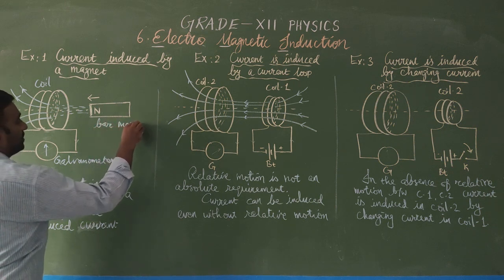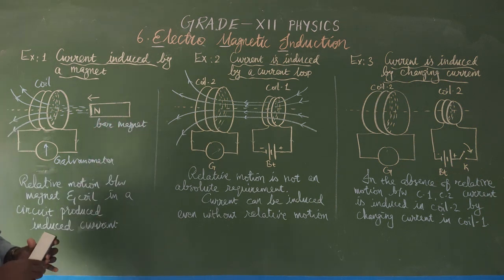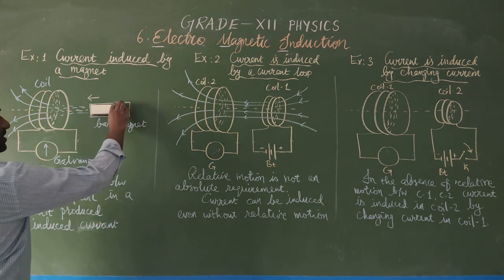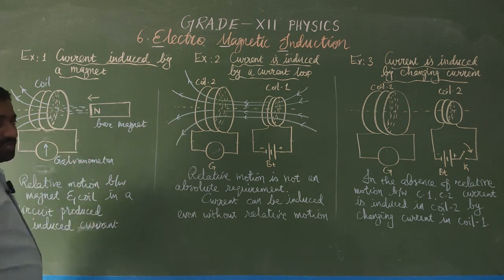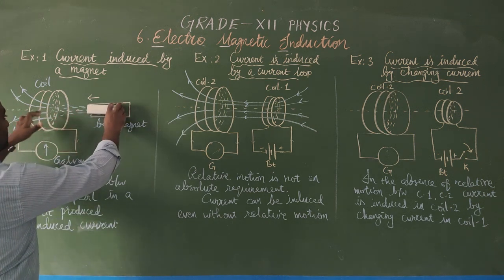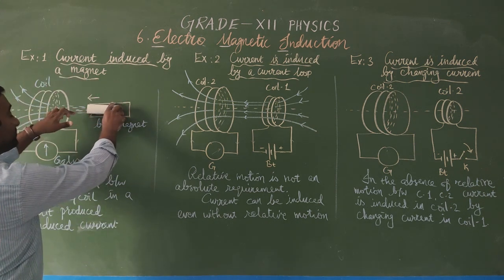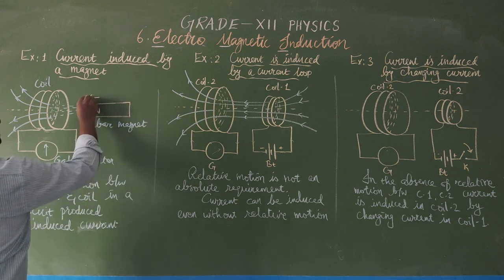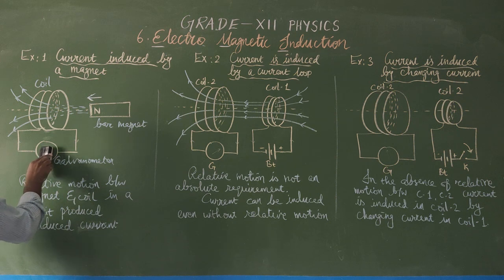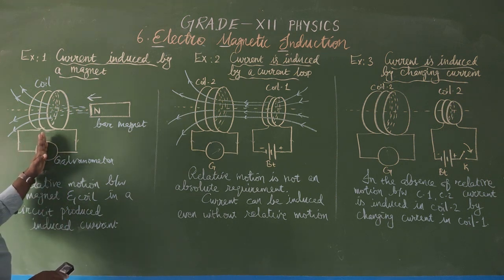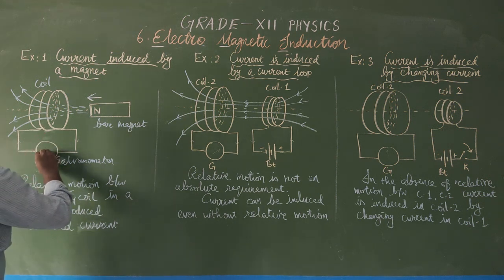Not myself, Faraday and Henry chose the north pole of the bar magnet, and they introduced the north pole inside the coil. The field lines emerge from the north pole. While they inserted the north pole of the bar magnet, the galvanometer needle showed deflection instead of the center, deflected to the left side.